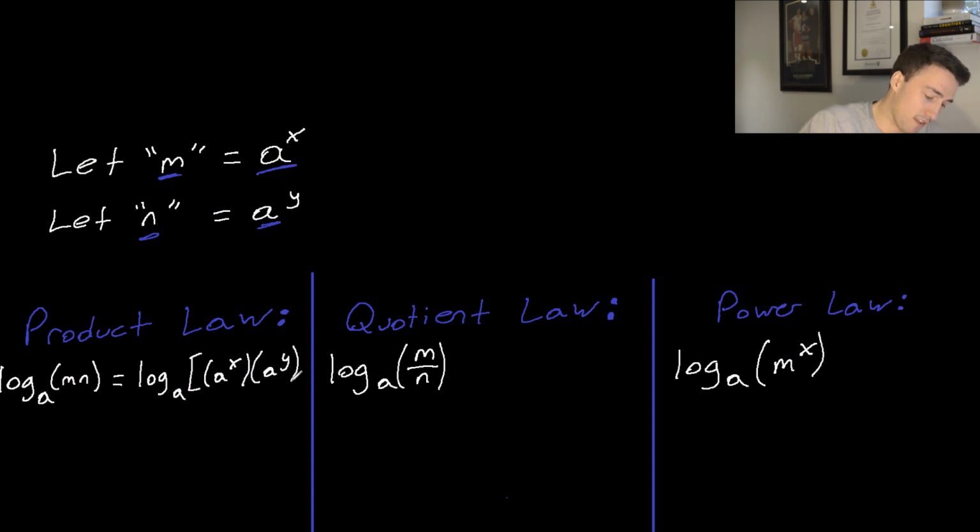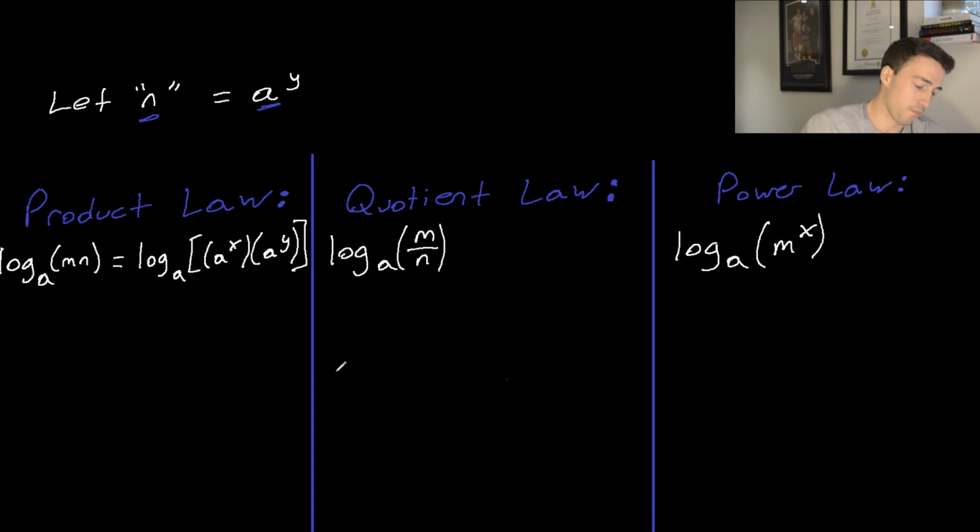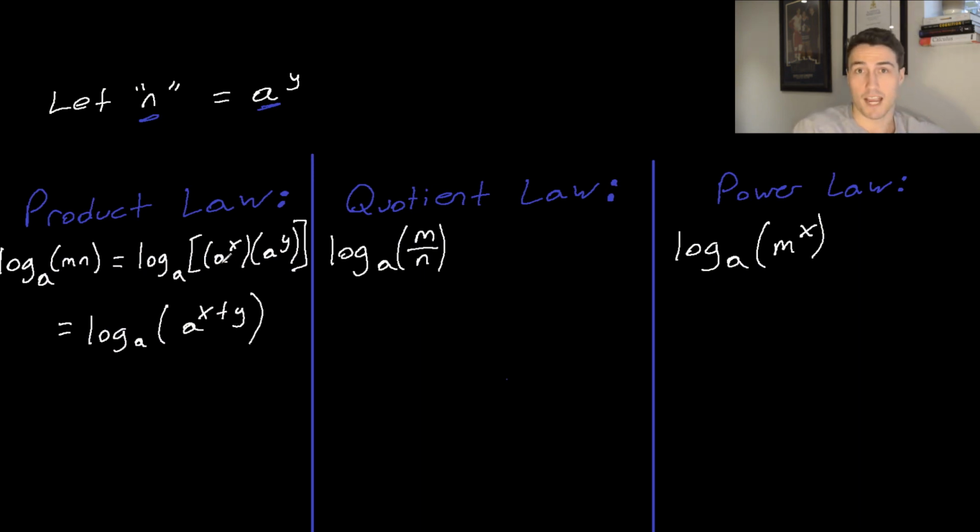That is now what's in the logarithm. Since it's the same base, this is an exponent law, so we can just do x plus y in the exponent. So a to the power of x times a to the power of y is just a to the power of x plus y.